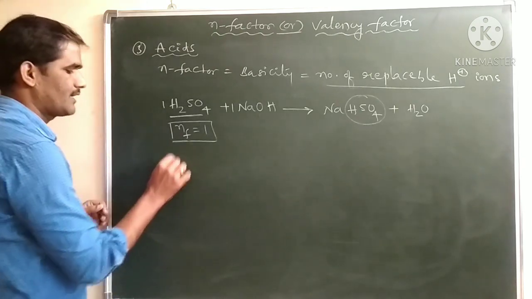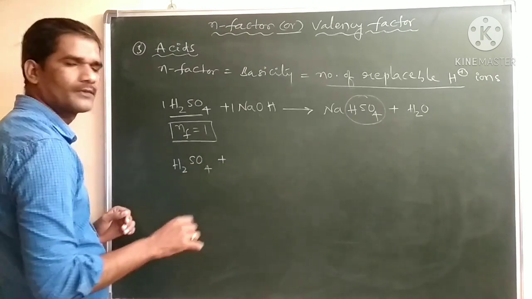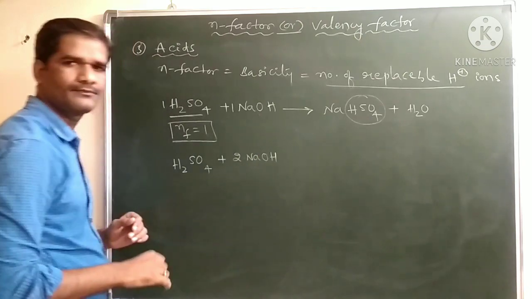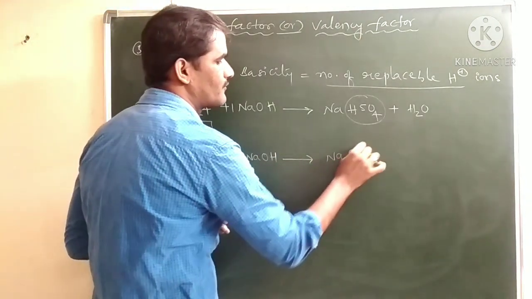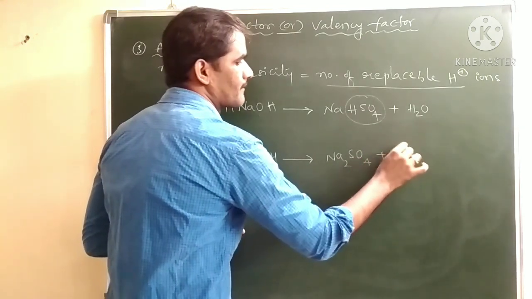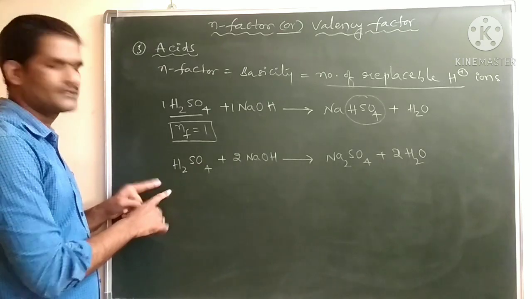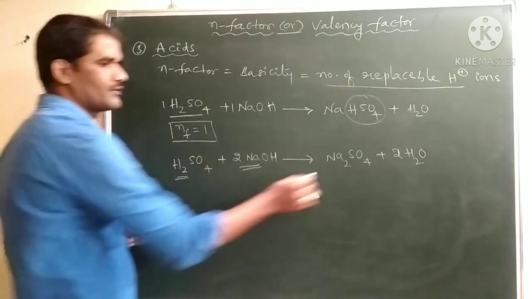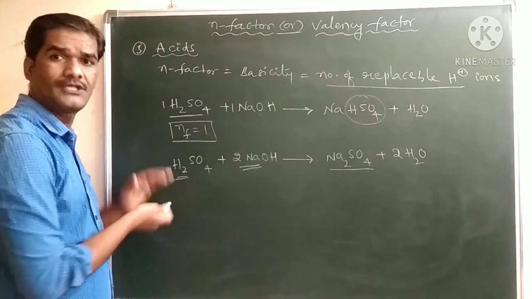The same if you take 1 mole of H2SO4 and treat it with 2 moles of NaOH. Now you will get the product Na2SO4 plus water. In this case, both hydrogens are completely replaced by 2 sodiums, so we get Na2SO4.